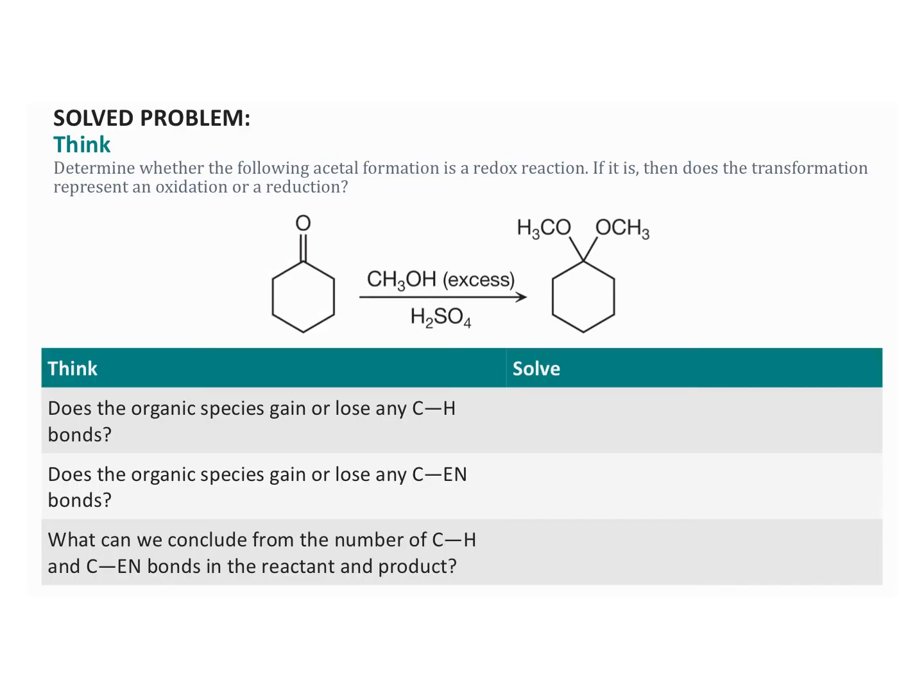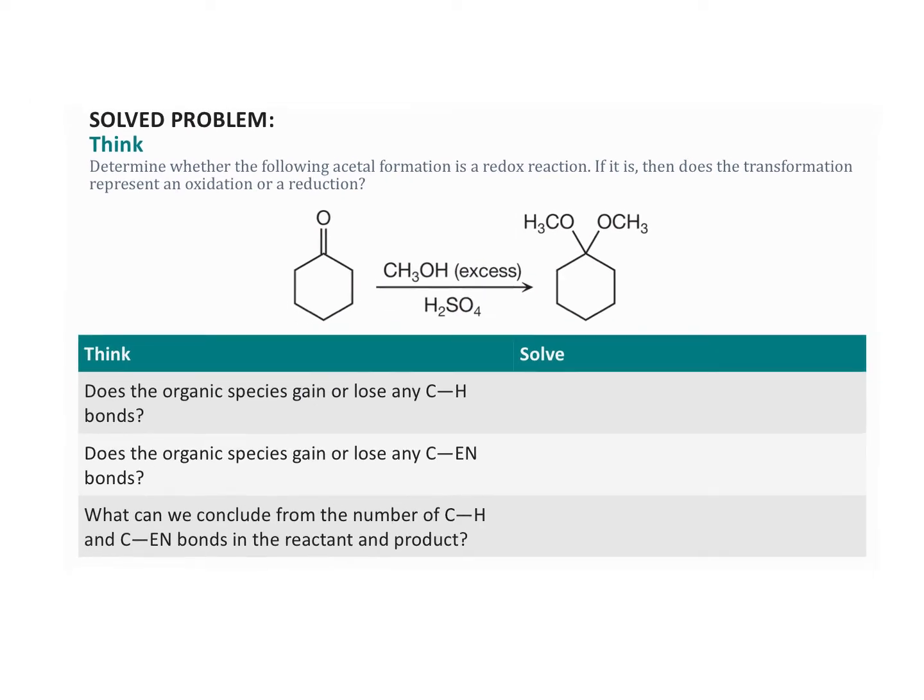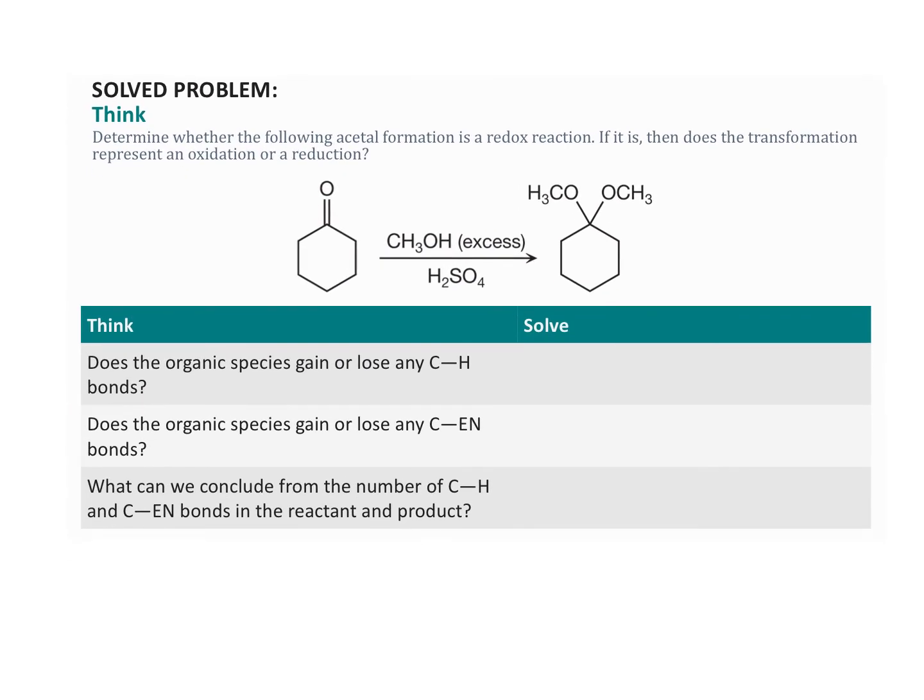So I want us to do an example. Determine whether the following acetal formation is a redox reaction. If it is, does the transformation represent an oxidation or reduction? When you go through a question like this, here are some things you should ask yourself. Does the organic species gain or lose any carbon-hydrogen bonds?